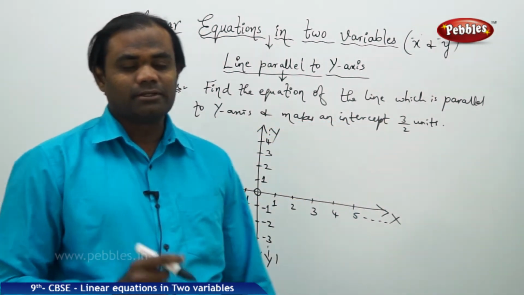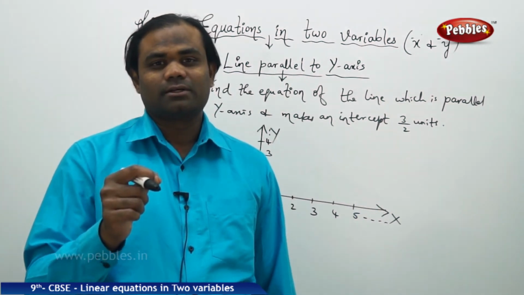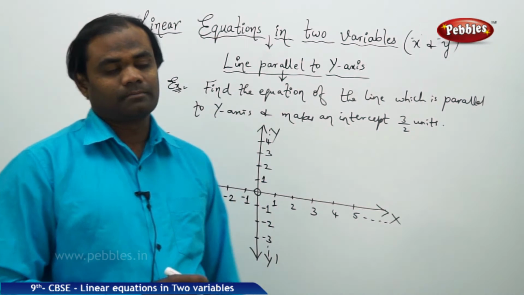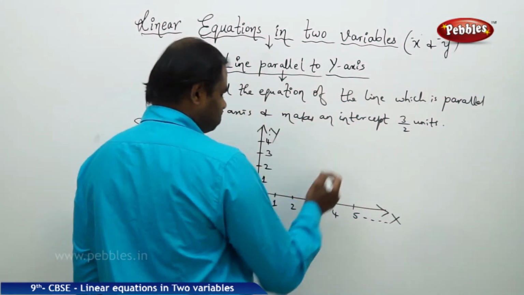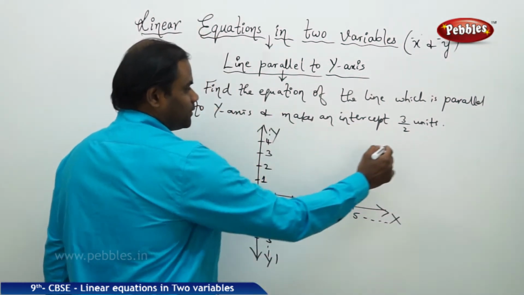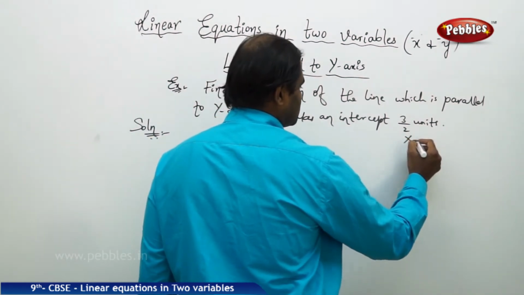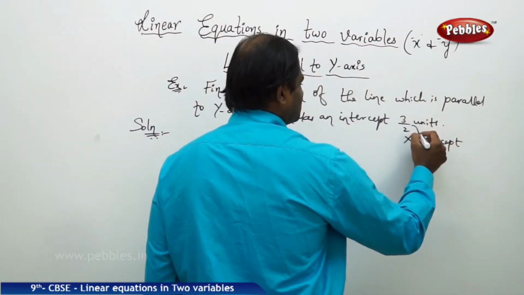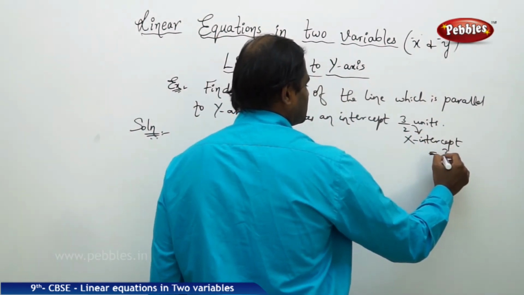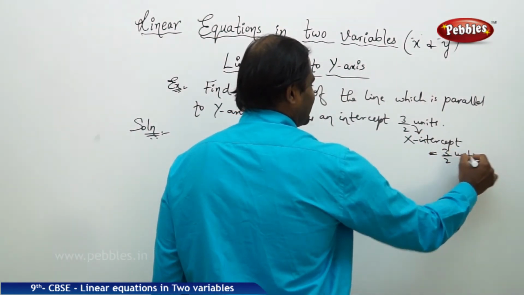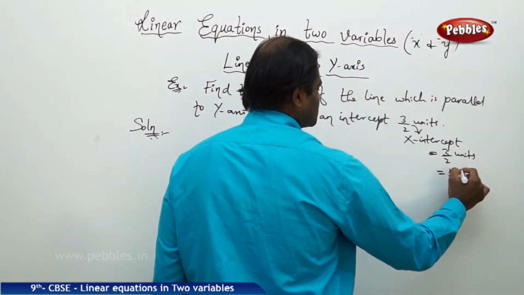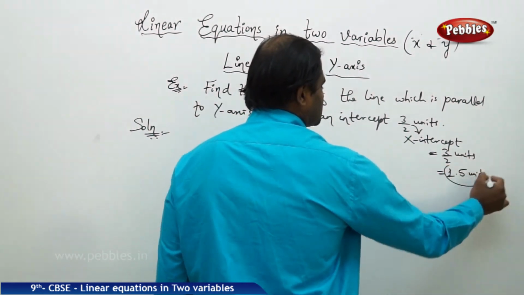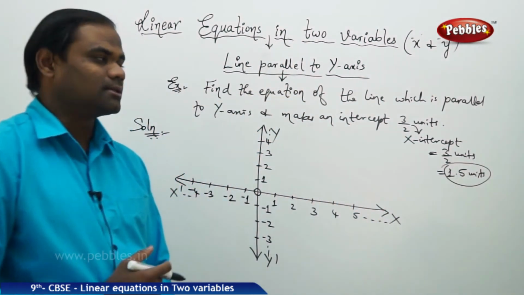So initially it is very essential that we locate the x-intercept, which is 3/2 units. Indirectly 3/2 units is 1.5 units is how I understand the x-intercept.